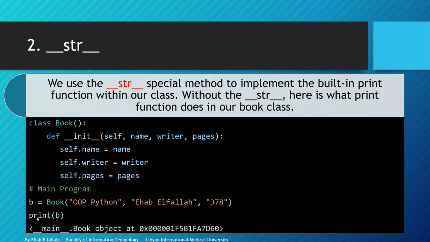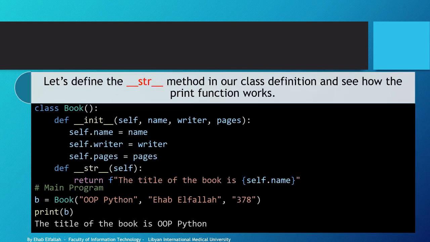If we want our class to print something when we use these objects, we can define a special method called str. After we define the str special method, we can identify which attributes we want to print.